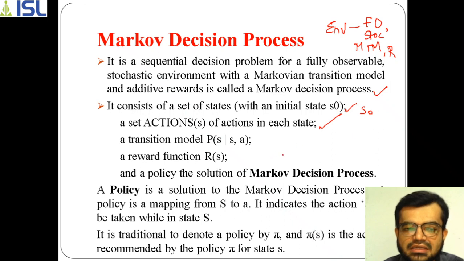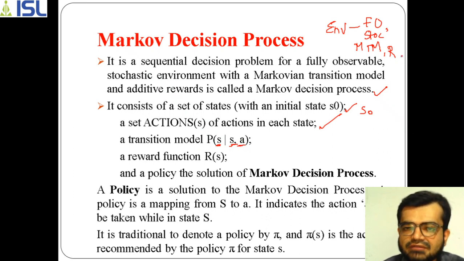And the transition model also we have seen, how you can move from one state to another. Here the first S represents the future state, and this S represents the current state. The future state depends on the current state only, by performing an action called A. That is how the transition model is defined.